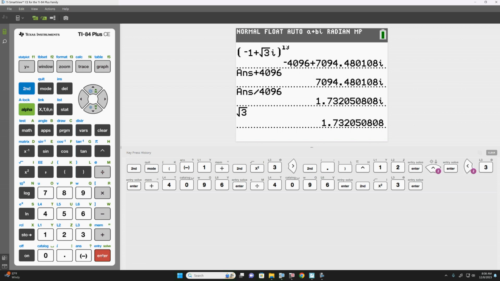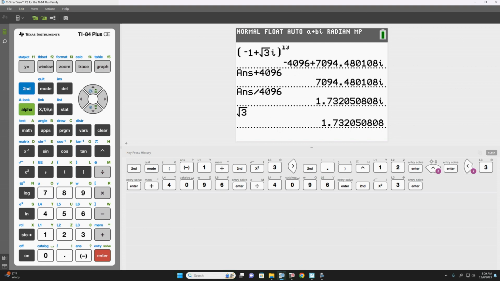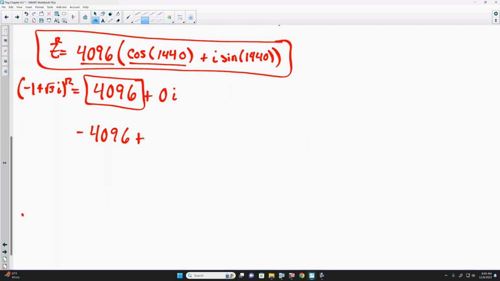Okay, so what it tells us to the 13th power is, well, this is negative 4096. Look back at it. Plus 4096i square root of 3.